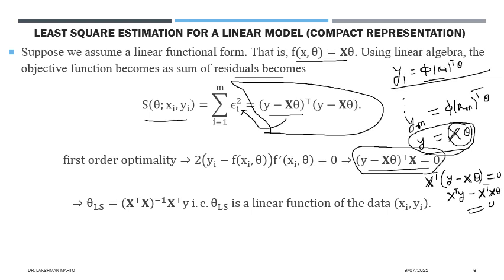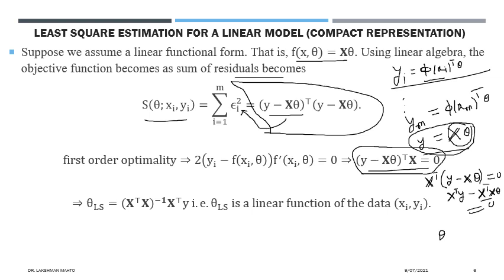So theta is unknown to you, y is given, X is also given, and then what would theta be? Suppose this X transpose X is invertible. When would it be invertible? When X happens to be a full rank matrix, then X transpose X would be invertible. Why? Because it would always be a symmetric matrix. Also, it is a square matrix because of this X transpose X.